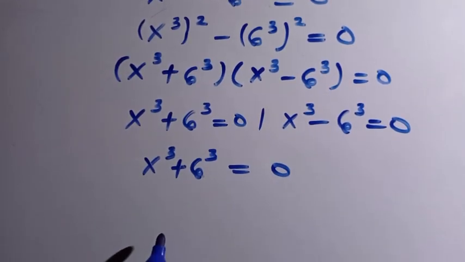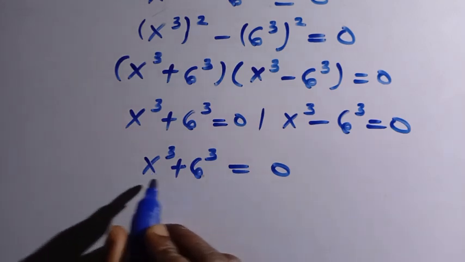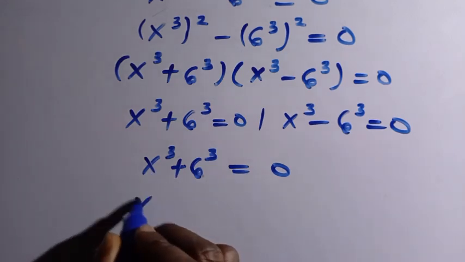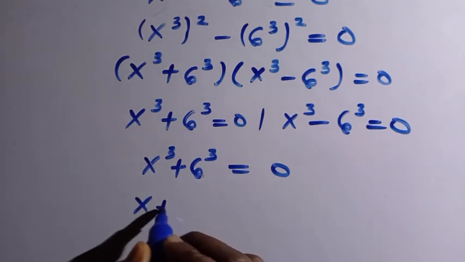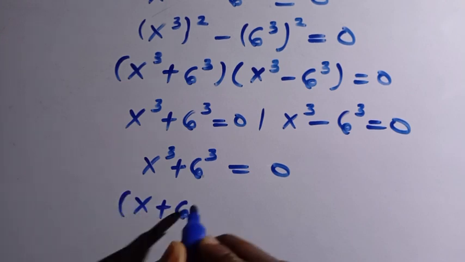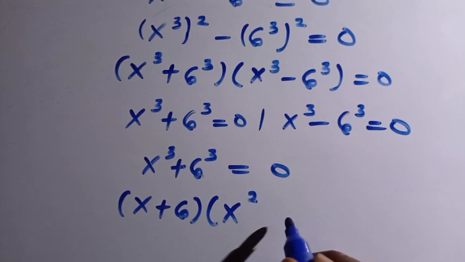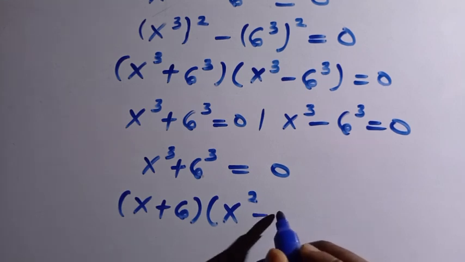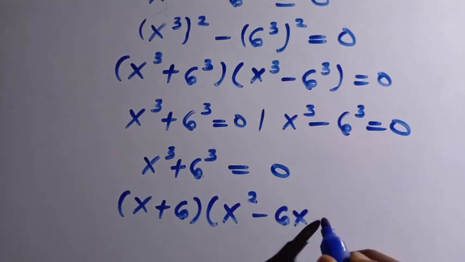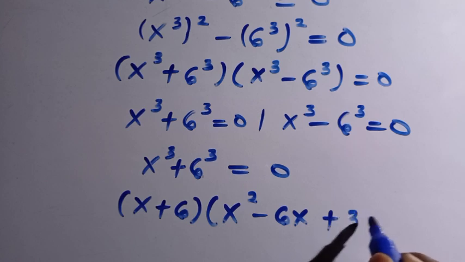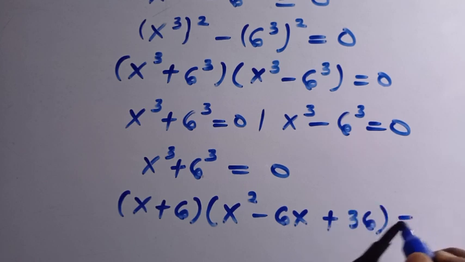The identity is given as, so the whole of this, we can simply write as (x plus 6) multiplied by (x^2 minus 6x plus 36) equals 0.